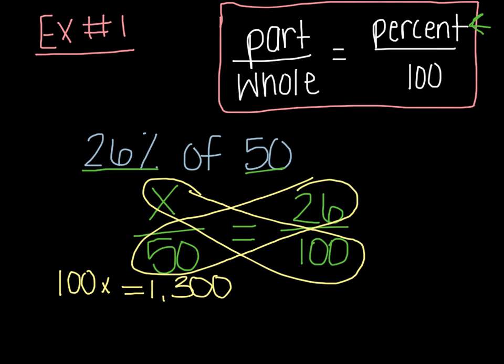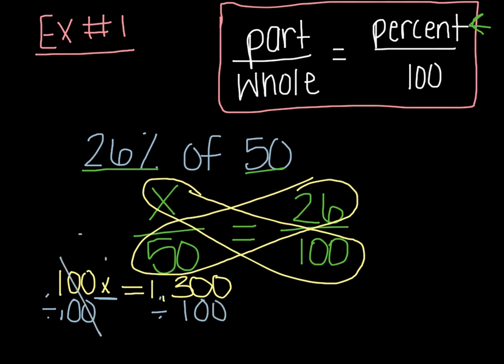And now, think back to when we did our algebra in topic 4. We have to get X by itself. When we have a number and a letter next to each other like this, that means multiply. And in order to get X by itself, we have to do the opposite, the inverse. So we're going to be dividing by 100 on both sides.